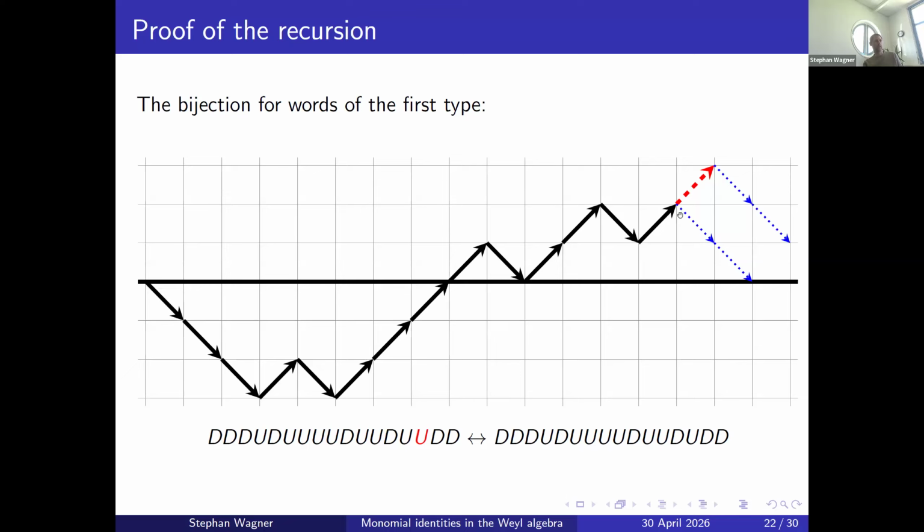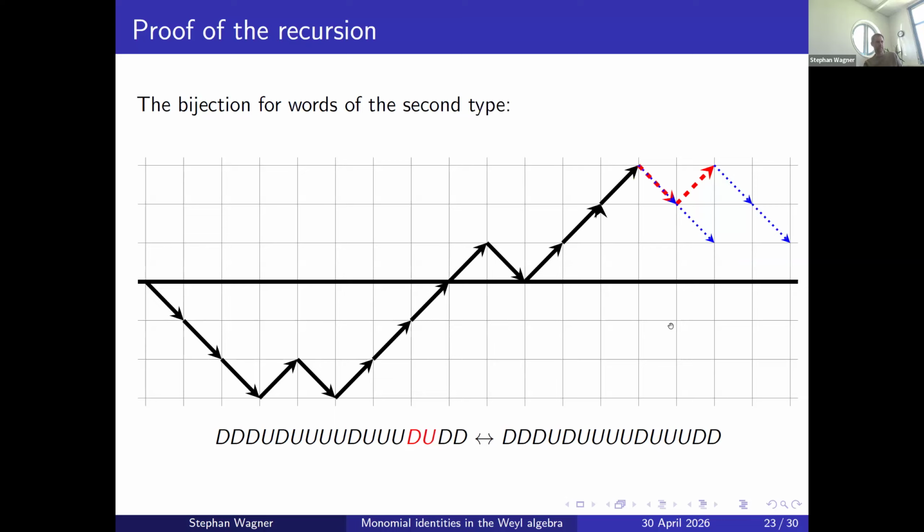You can also go back from any abnormal word. You can just insert a U before the final sequence of D's. And for words of the second type, it looks like this. Here you see that I have 2 peaks at maximum height, here and here.